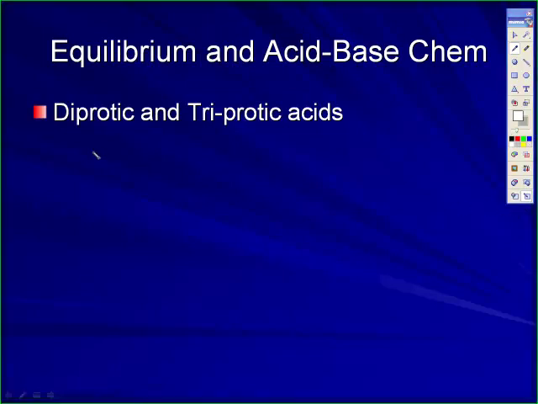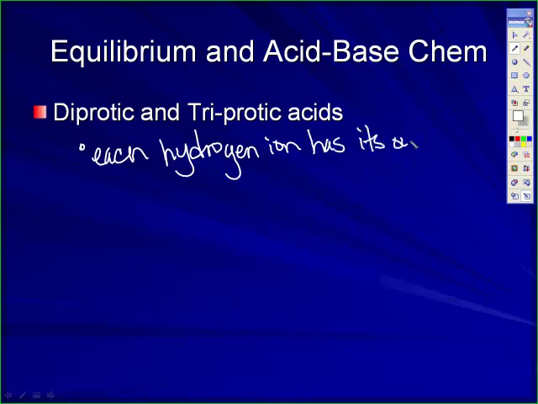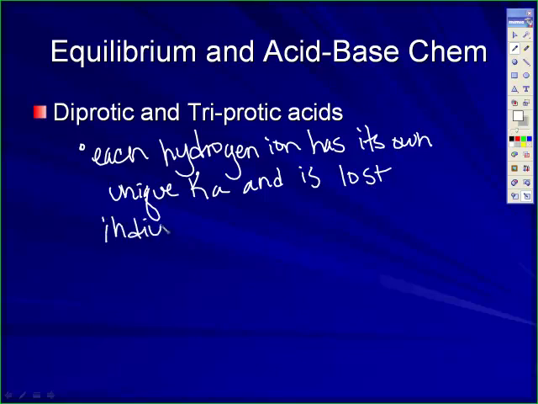Diprotic and triprotic acids. Each hydrogen ion has its own unique Ka and is lost individually.